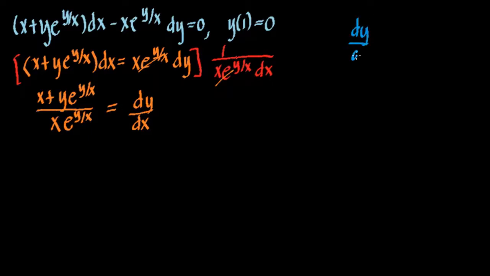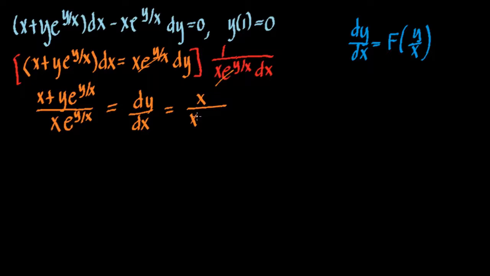And you can notice here that we have this form dy over dx is equal to f as a function of y over x. We have y over x here, y over x, and we also have dy over dx here. But the other terms, we haven't changed still. So we'll try to change that in terms of y over x.